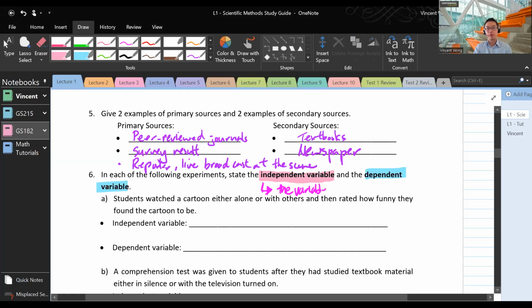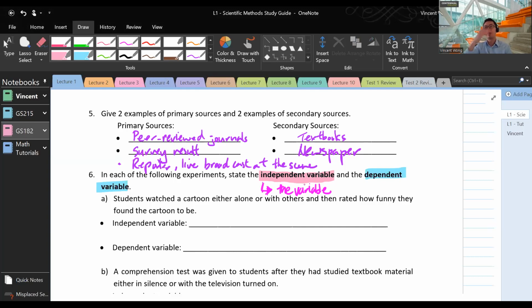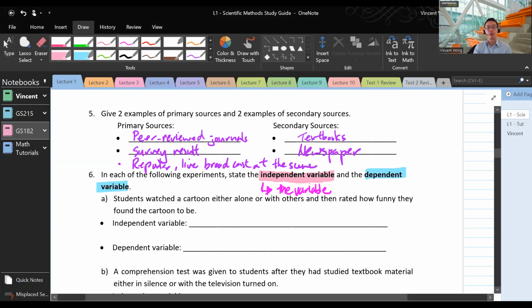First of all, a variable is basic in an experiment. It's just a parameter. For example, like the height of a plant, right? The temperature, right? All these things are variables. The amount of water, for example.